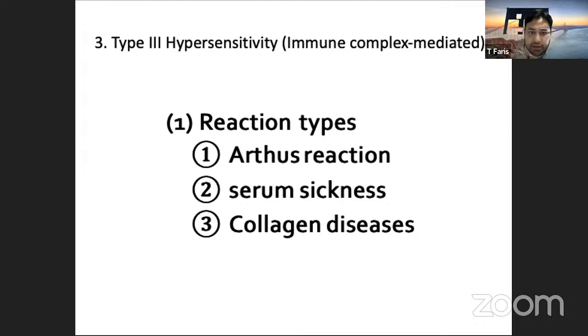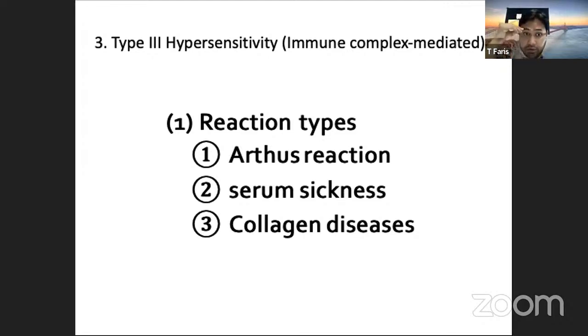Collagen diseases, the term previously used to describe the systemic autoimmune diseases like rheumatoid arthritis, RA, systemic lupus erythematosus, and systemic sclerosis. They are all autoimmune diseases that attack the collagen production.